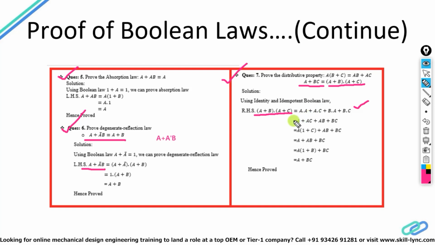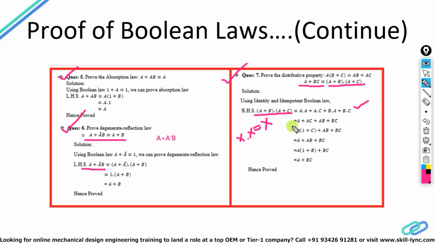If I say that X into X will be equal to X, actually we are just taking A as a generalized form. Otherwise also B into B will be B, C into C will be C. Any number into that number equals the same number.